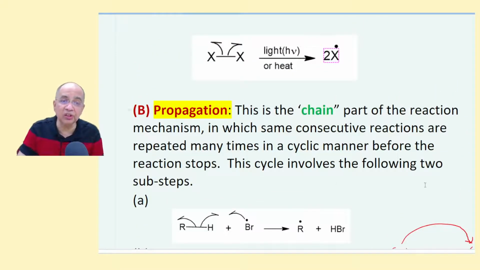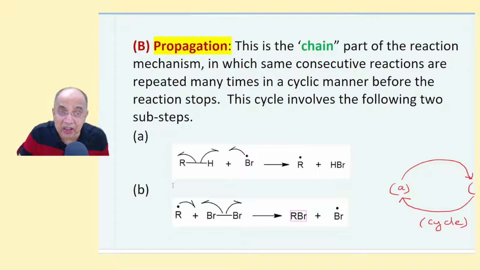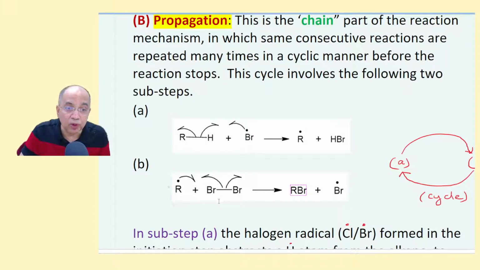No more initiation required. So in the second substep of the propagation step, step B, the alkyl free radical reacts with a molecular halogen, chlorine or bromine, a diatomic halogen, to abstract a bromine atom, and this R dot combines to produce a molecule RBr, and that is the product, alkyl bromide or alkyl chloride. And another halogen radical is set free to again attack another alkane.